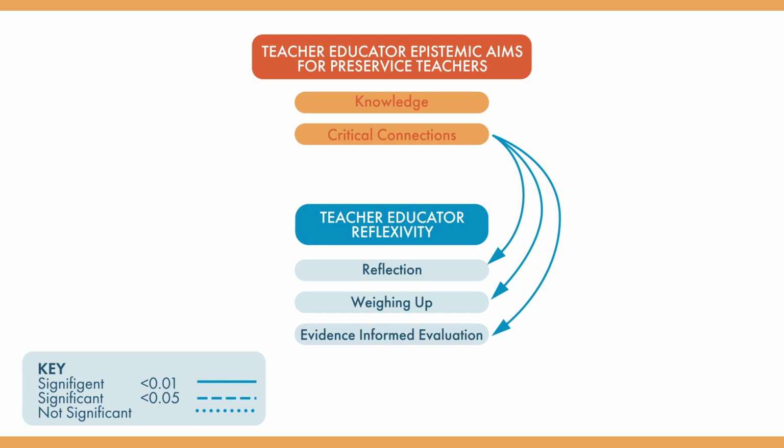Teacher educators who placed greater importance on epistemic aims related to knowledge, for example, for pre-service teachers to know that all learners differ in some way, reported engaging in reflexivity less often. So an aim of understanding as making critical connections predicted reflexivity across all three factors more so than an aim of knowledge. So epistemic reflexivity for teaching for diversity, it's not a simple concept, but it's a really powerful one.